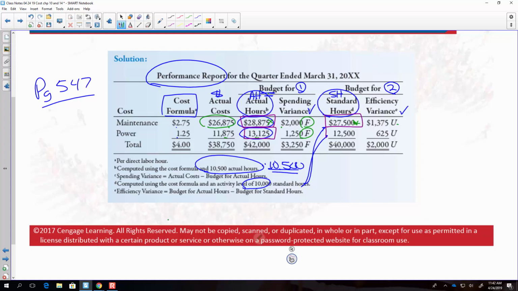I'm not starting with the actual anymore. So comparing these two numbers, I get 1,375 unfavorable. And I'm comparing these two numbers to get the 625 unfavorable. Just like we would in our template, but again, on an individual line basis.